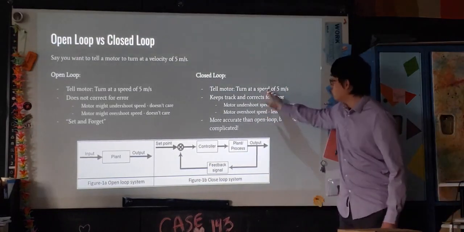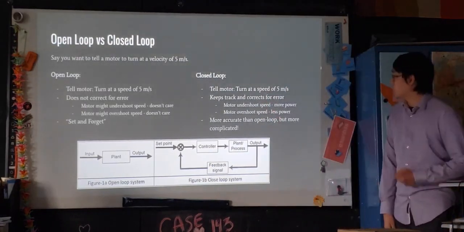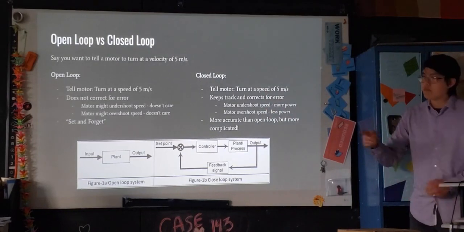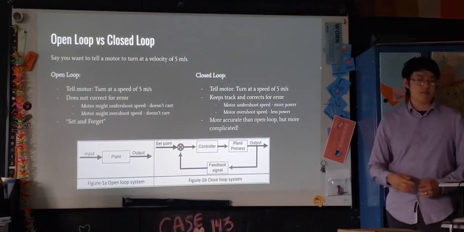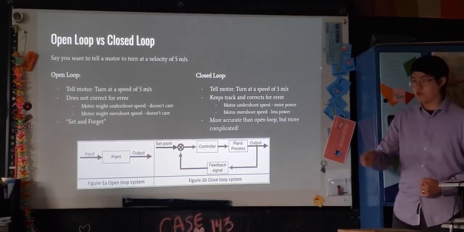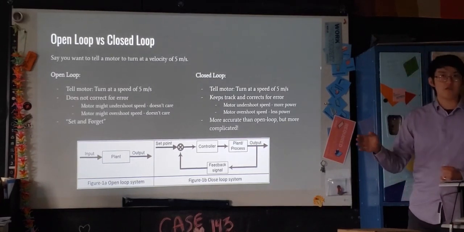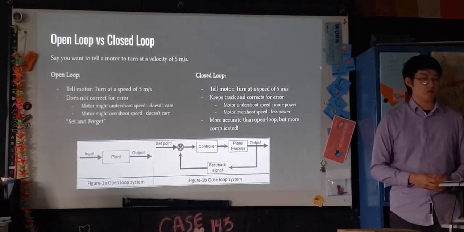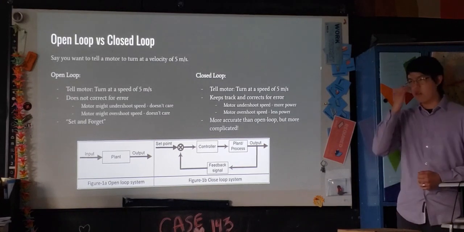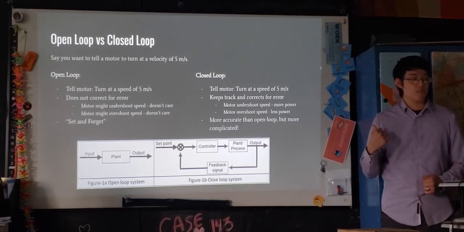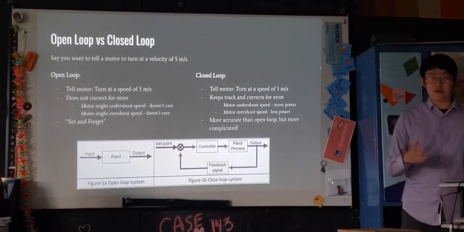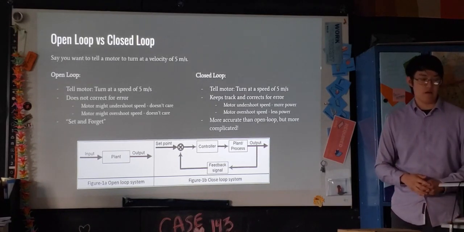Now closed loop, you'll see the difference here. Closed loop is, hey, motor, turn at 5 meters per second, but I'm going to watch you closely to see if you're actually reaching 5 meters per second. Closed loop control keeps track of error and closely monitors the error.